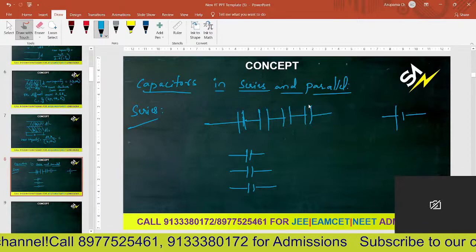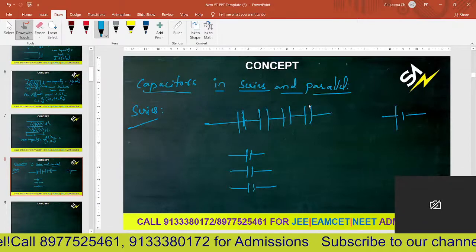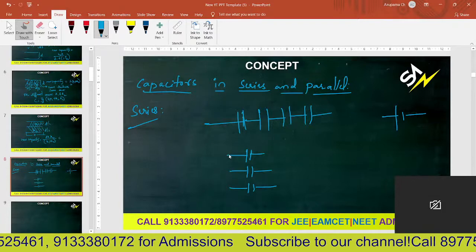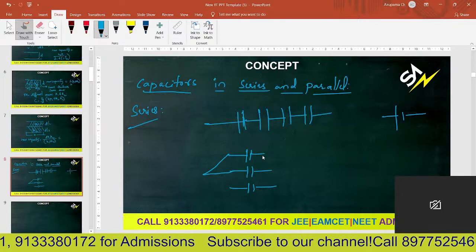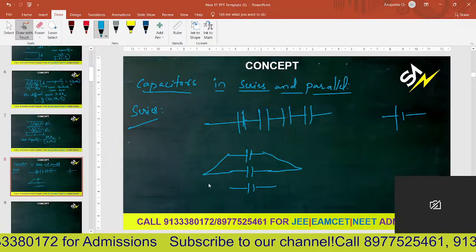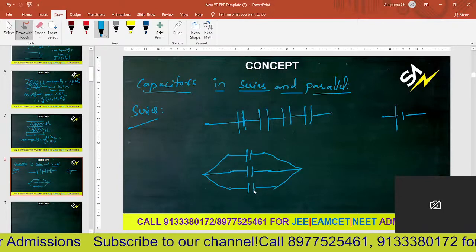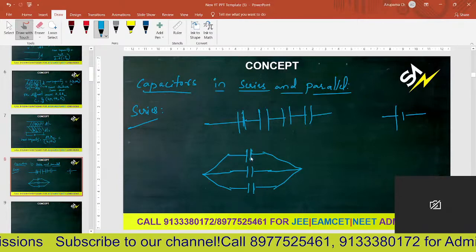That is the difference between capacitors and batteries. By mistake, as I'm used to drawing the battery symbol, that is what is coming here. Don't get confused. These are the capacitors.